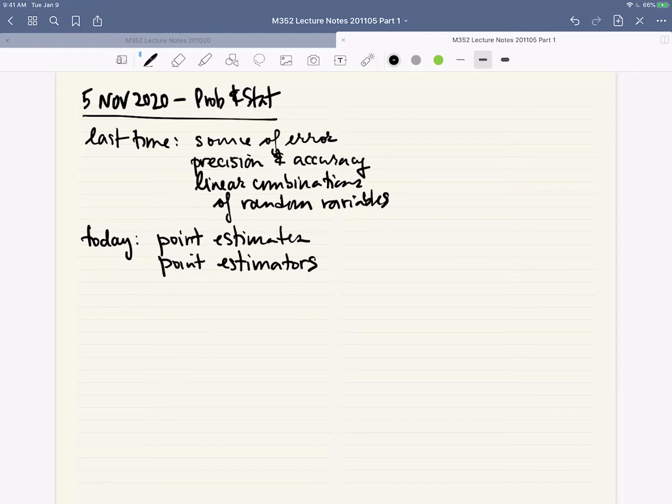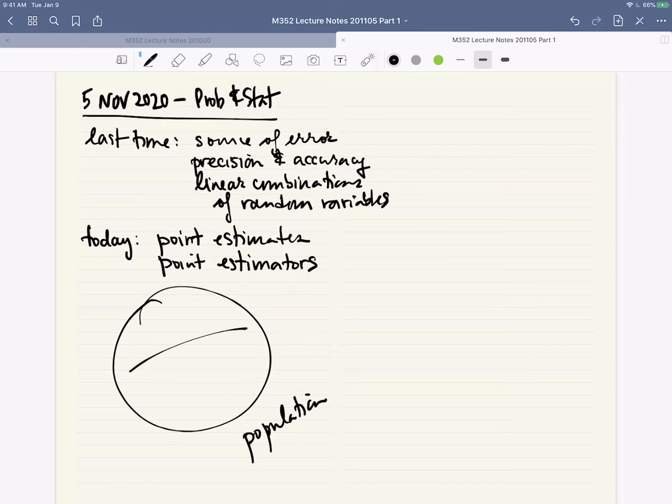So to put this in context and to connect it with stuff that we've talked about before, remember what we do in statistics is, we have this big population and we want to make some measurement of that population to understand it. And then we do that by taking a sample of the population.